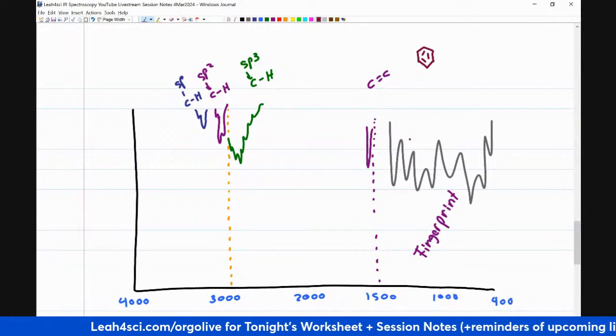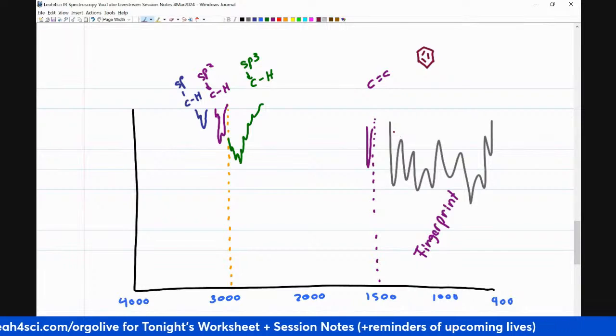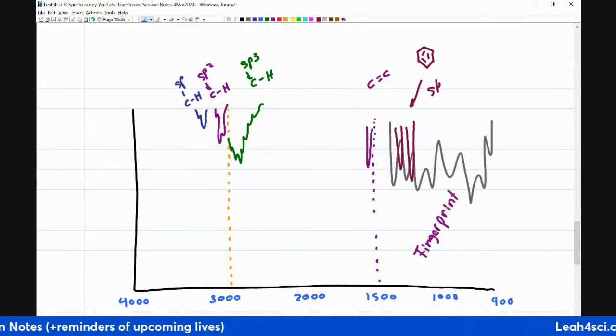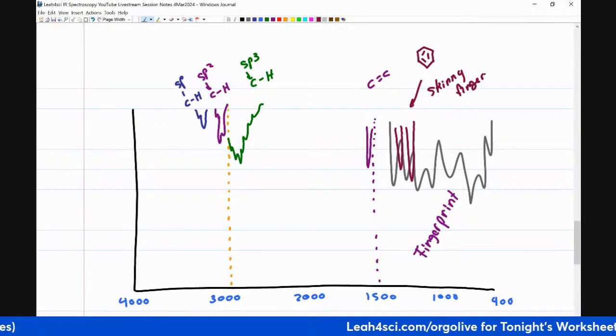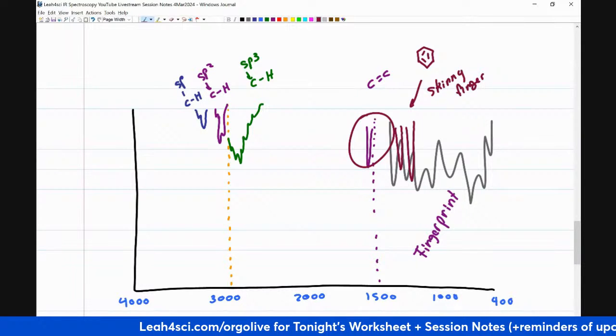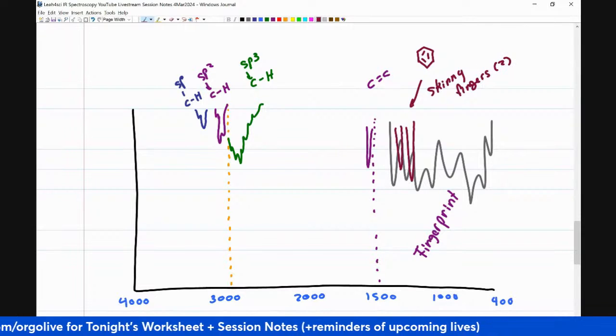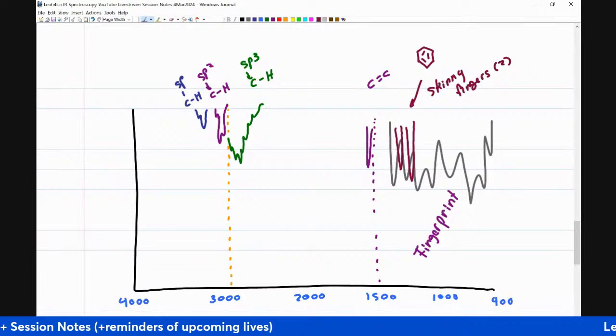So this is one thing we do look into the fingerprint region. And around 1400, you're going to see something like this. Those are your skinny fingers. You're looking for two between 1400 going towards the 1500 range, and then you'll also see something close to 1600. Your skinny fingers tell you that if I have the carbon-to-carbon double bonds, there's likely an aromatic ring in there.